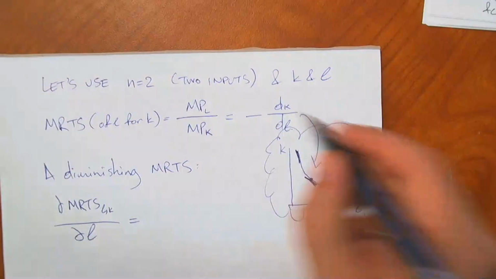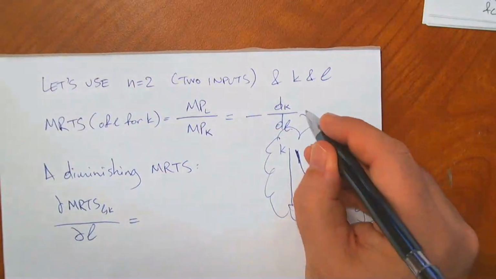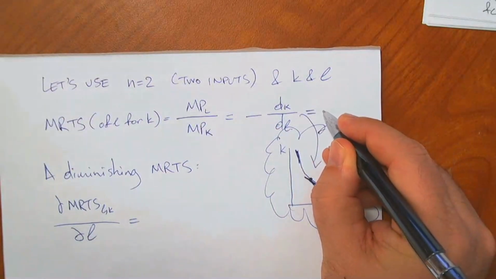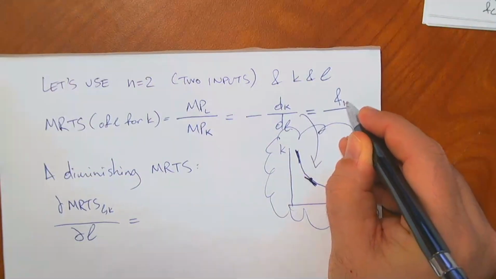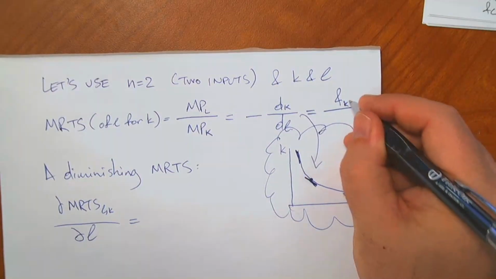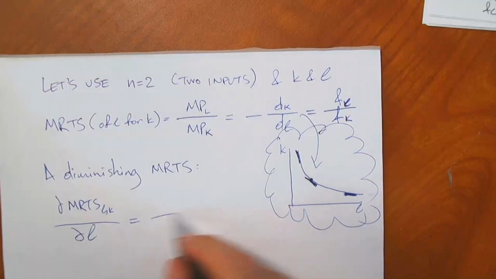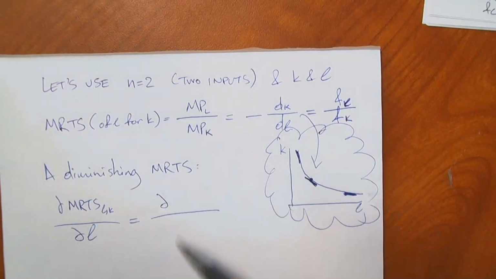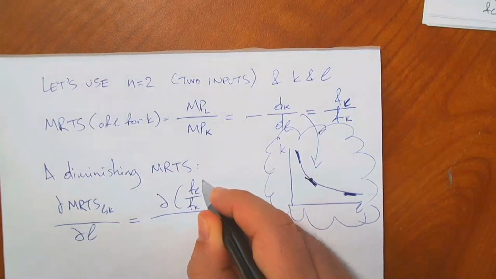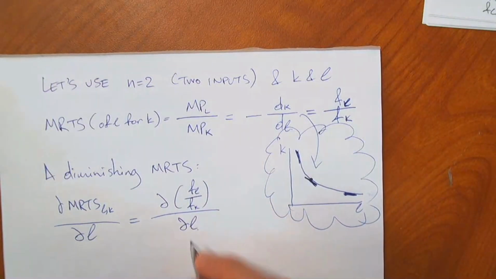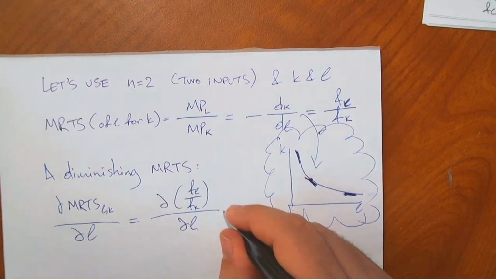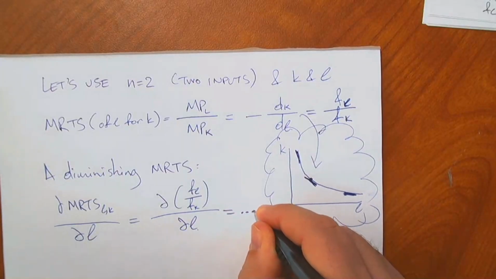I wrote it as the marginal product of labor over the marginal product of capital here. I can write this as F subscript L over F subscript K. So here we are differentiating the MRTS with respect to L, and then do some calculus, right?